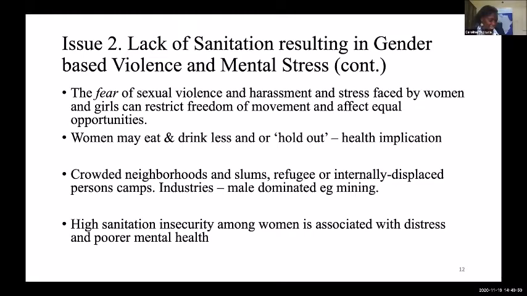And so women have fear and they are really uncomfortable. Sometimes women may not eat or drink so that they don't have to use external facilities, and that has health implications. So lack of sanitation or poor sanitation will tend to create mental stress for those concerned. And also there have been many issues of gender-based violence.